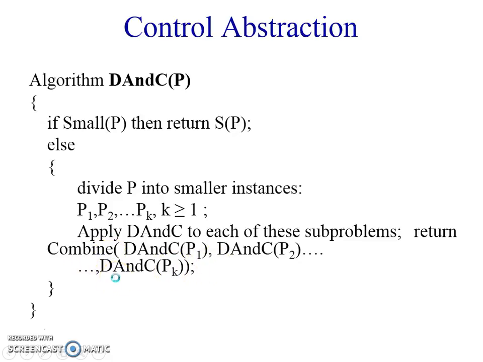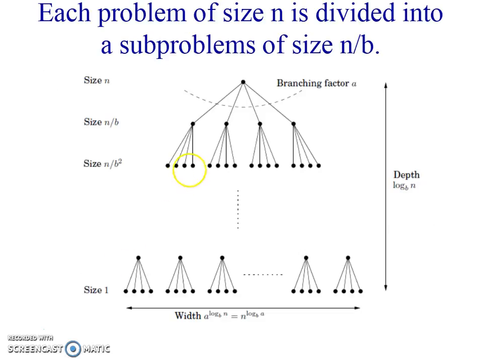If I have to give a representation to this, suppose I have a problem of size n, I divide the problem into a branches where each of the branch is of size n by b. So now I am trying to write a general recurrence relation for a divide and conquer approach.